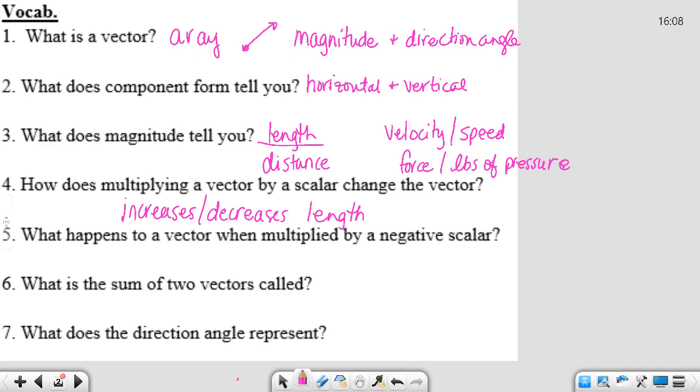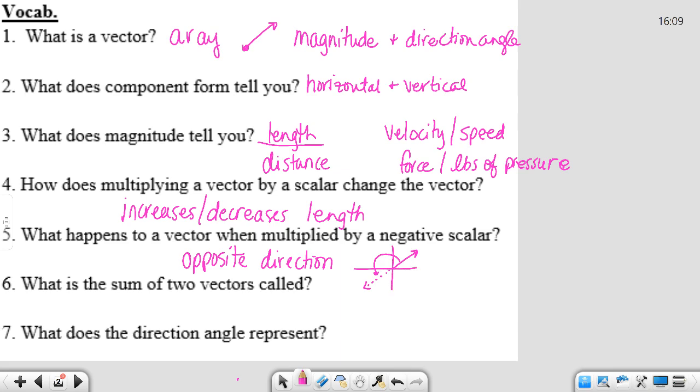What happens to a vector when it's multiplied by a negative scalar value? Then that means you are going to go in the opposite direction. So if you were originally going 30 degrees to the northeast, then you would be traveling 30 degrees to the southwest, which actually would be 210. So if you kind of think about your unit circle and where you would be.